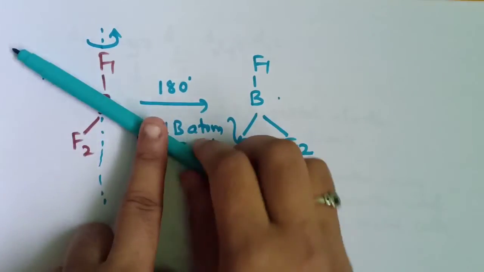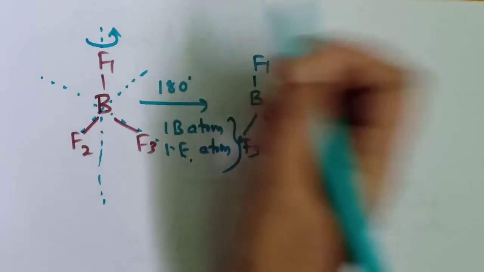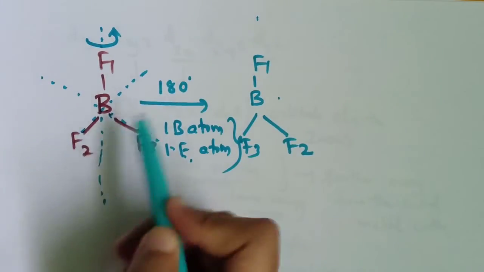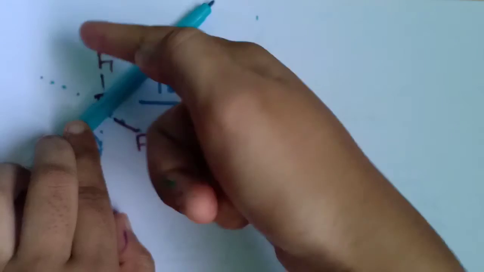And next, in this axis, if we rotate the B atom and F2 atom like this, this F1 will come to this side and this F3 will go to that side.